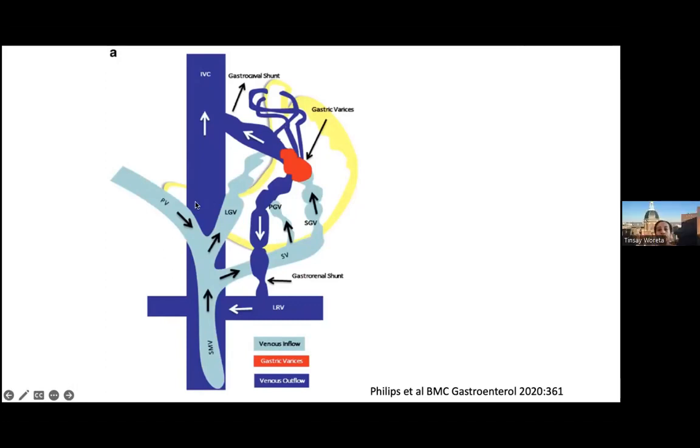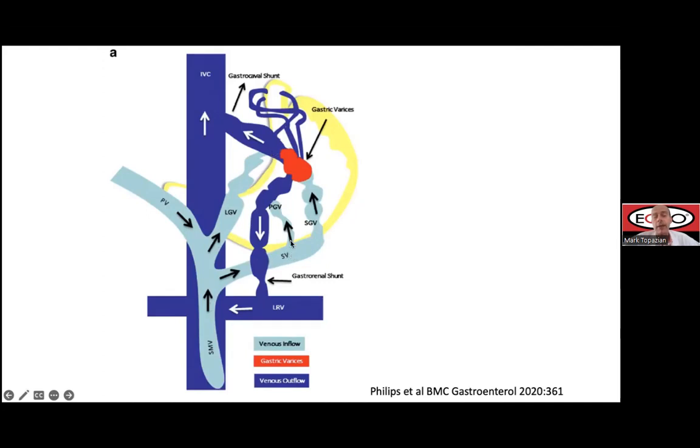Yes. Okay, great. So let's take just a moment to look at this diagram, and then I'm going to show you some variants of it. In light blue is the splenic vein and the portal vein. Of course, in portal hypertension, there's hepatopedal flow here in the portal vein. And this is the coronary vein, sometimes now called the left gastric vein, coming up here.